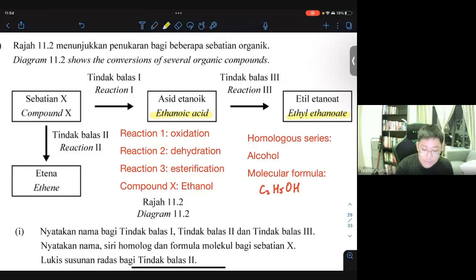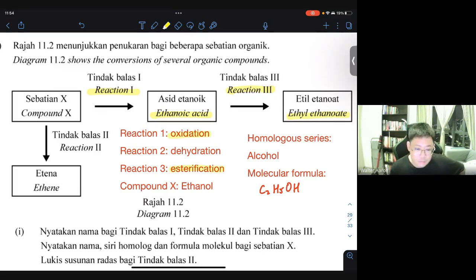Because ethanol can undergo an oxidation process in reaction 1 to produce ethanoic acid, right? Alcohols undergo oxidation to form a carboxylic acid. And then from the carboxylic acid that you get here, you can react with more ethanol to form ethyl ethanoate in this reaction number 3. So reaction number 3 is actually esterification. Okay, so oxidation is done, esterification is done.